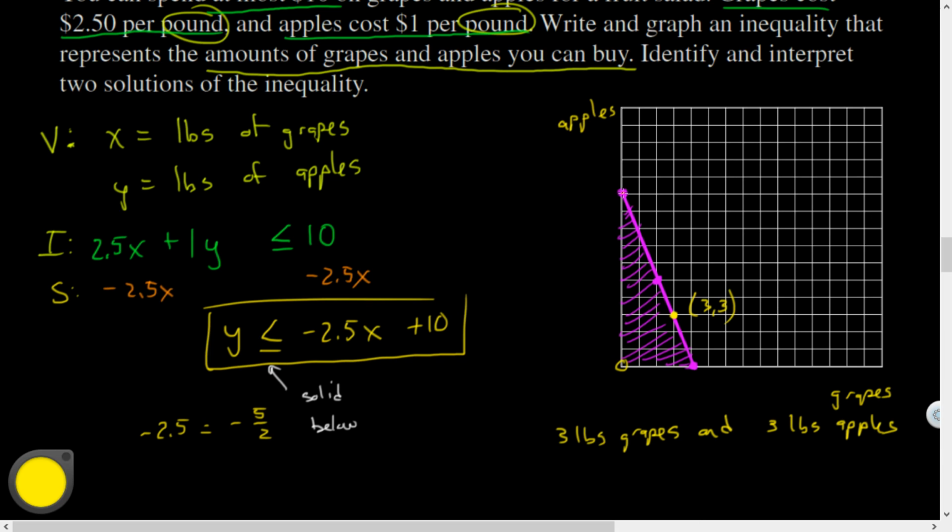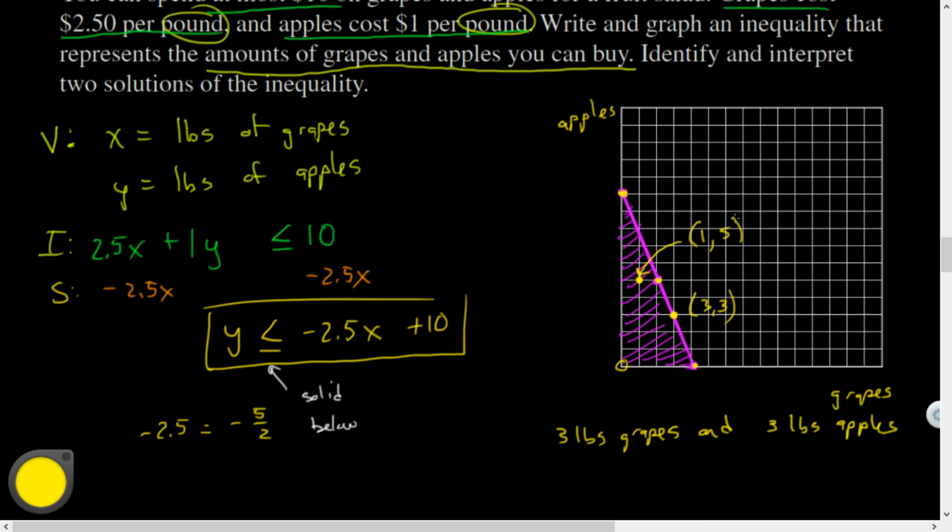If I don't want to spend my full $10, all right, I would pick a point less than the line. If I pick a point on the line, that's spending exactly my $10. All right. So let's look at this solution. What's this one right here? So that's over 1 and up 5.